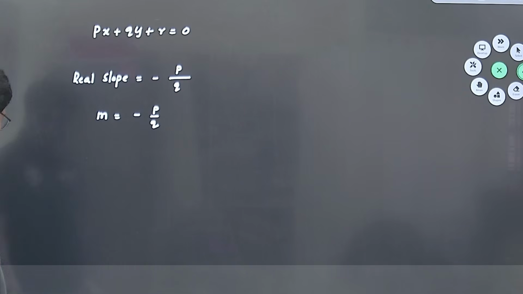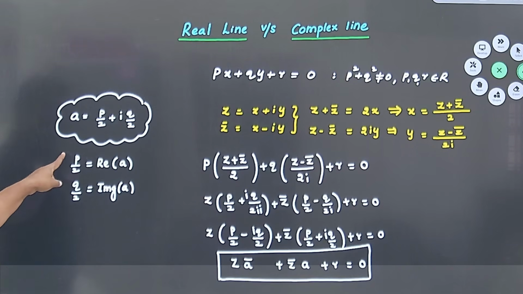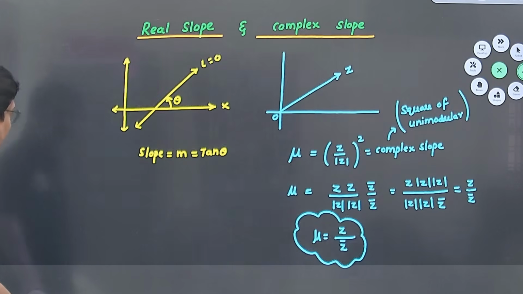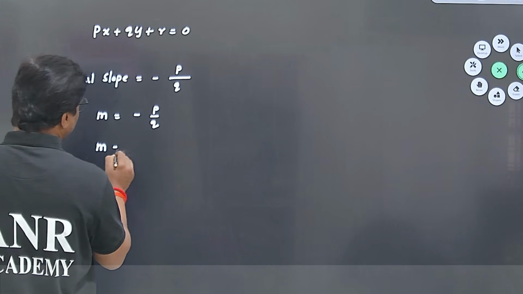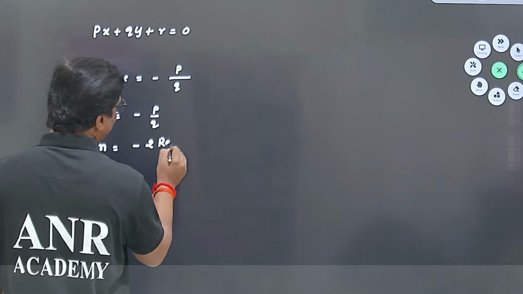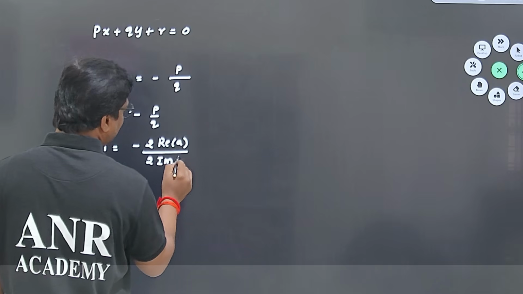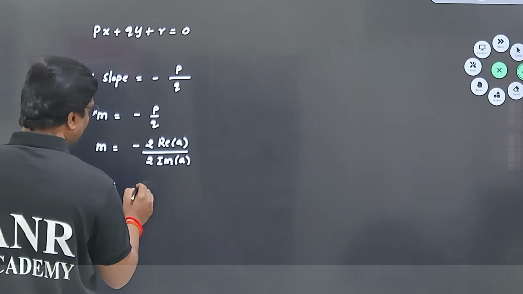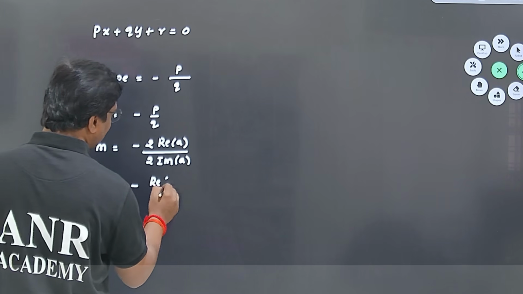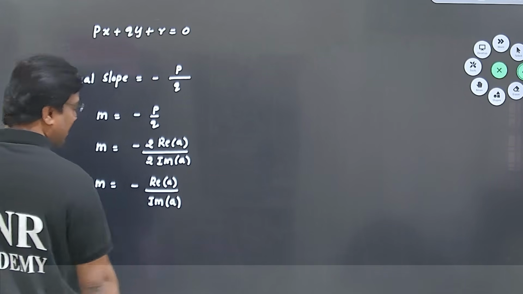And just now we discussed that here p is 2 times the real part of a, q is 2 times the imaginary part of a, so I can change the numerator as 2 times the real part of a, and q as 2 times the imaginary part of a. Therefore, the real slope you can also write as minus real part of a divided by imaginary part of a.